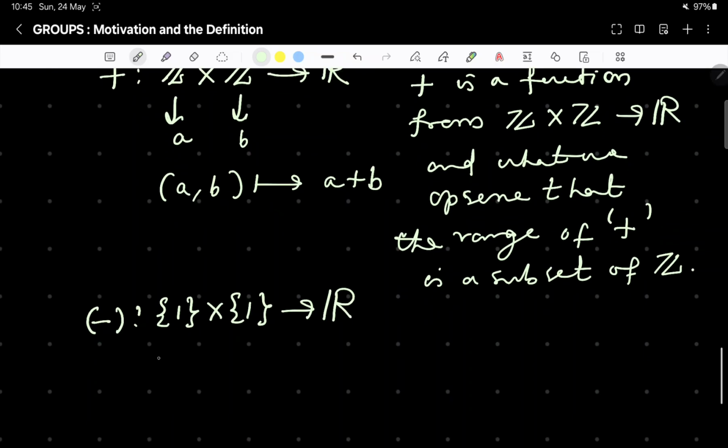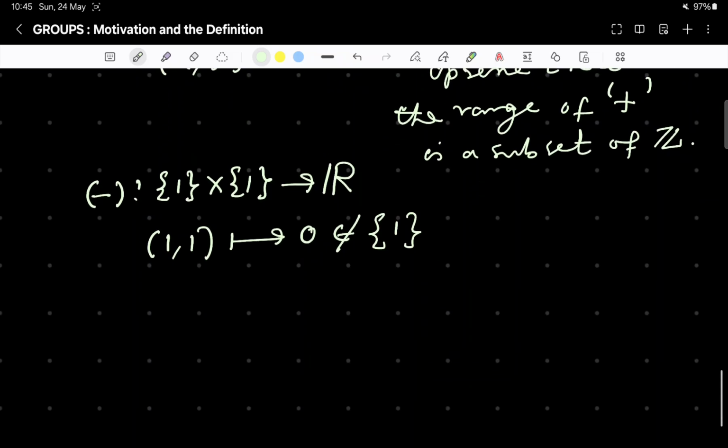Only one element is there, the pair (1, 1), and if you subtract this you get 0. So this 0 does not belong to the singleton set {1}. So it is not necessary that if you choose two elements from a set, the output will be in that set. But in the case of integers we observe that. Okay, let's keep that observation.